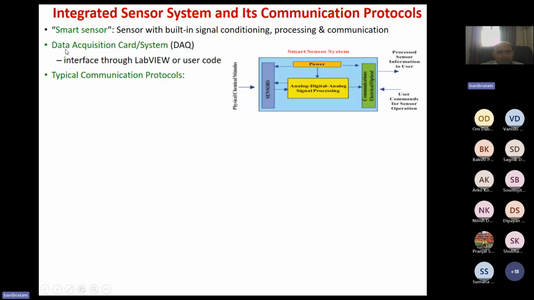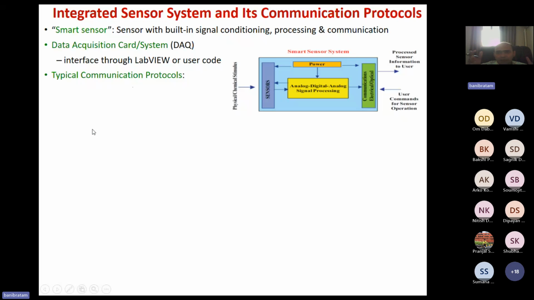For communication purposes, we have the data acquisition card, or DAQ, which is a very important and very generic system. Data acquisition you can consider as some hardware. Suppose there is a data acquisition block like a National Instruments NI data acquisition block, and you connect your sensor to it, and the data acquisition block is connected to your computer or PC. So that hardware block communicates between your sensor and the processor, or sensor and computer.